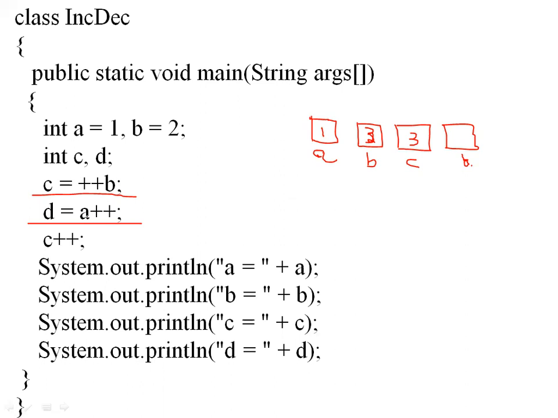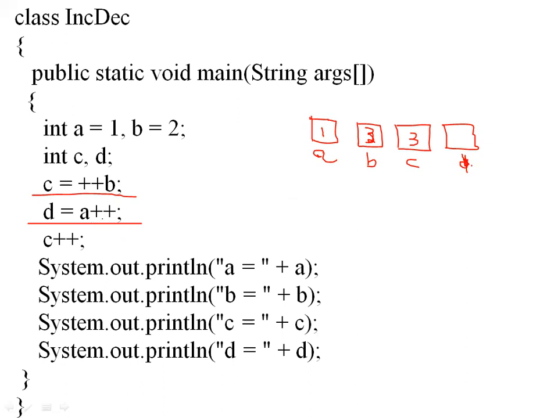So we have to assign to D. And then 1 is equal to 1 plus 1. No, first you perform that action. Sorry, sir. 2 is the answer. So D value 2.